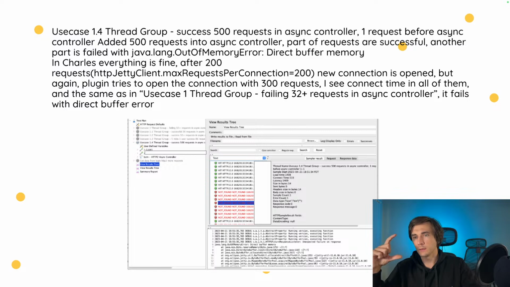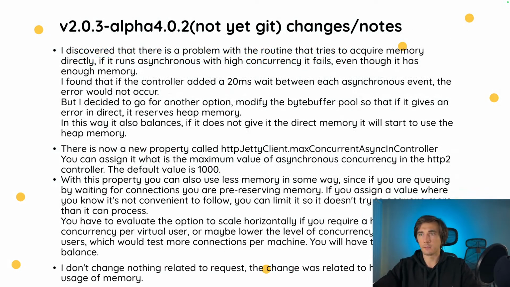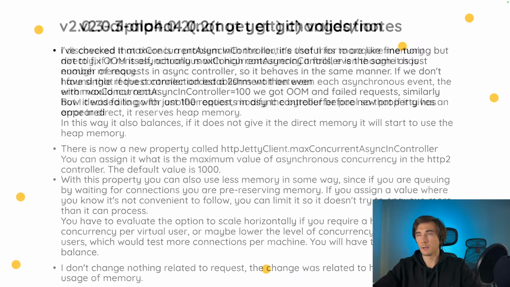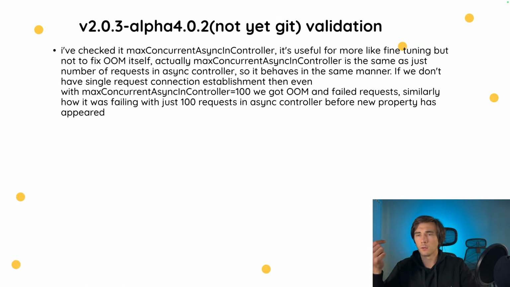After we reach 200 requests, in our case, if we have keep alive 200, then the server resets the connection, and again the async controller tries to send 100 requests, initiating connection for 100 requests, and again we are getting a lot of memory usage. My understanding of how it should work is that we need some kind of control.